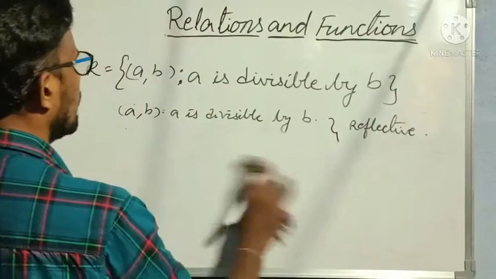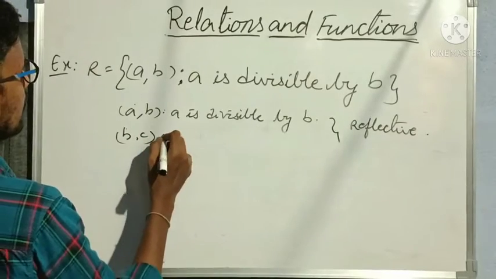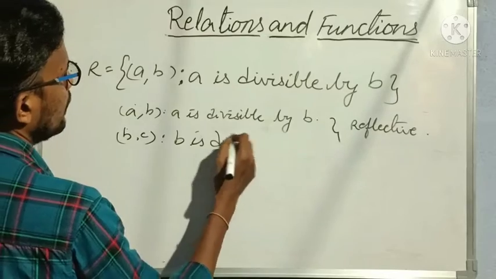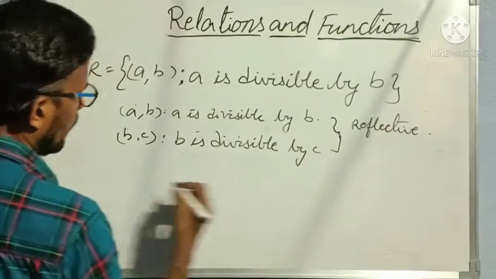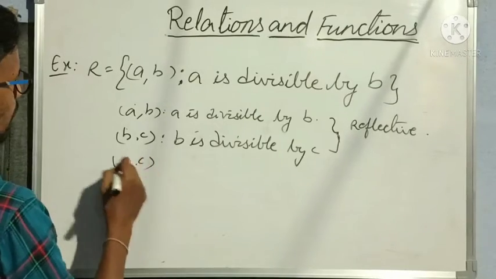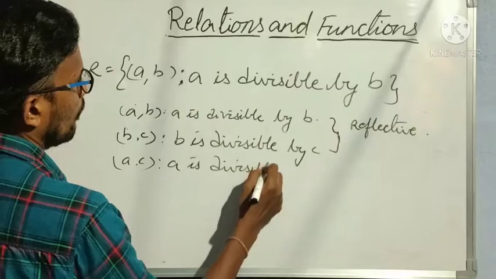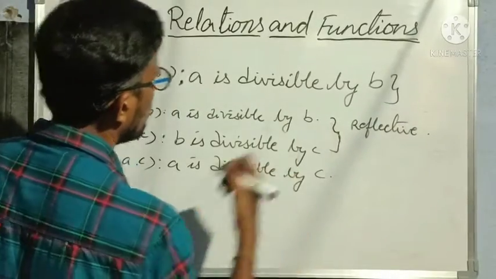Okay. Next, let us see transitive. (A, B) such that A is divisible by B, (B, C) such that B is divisible by C. Then there should be a relation from A to C such that A is divisible by C. Okay, let us see whether this is possible or not.